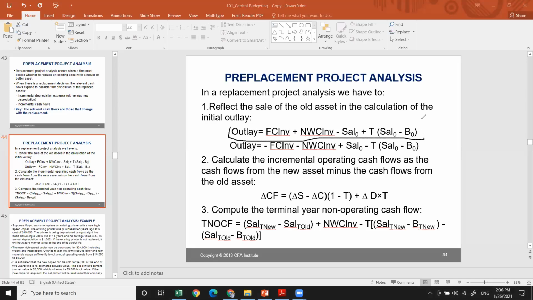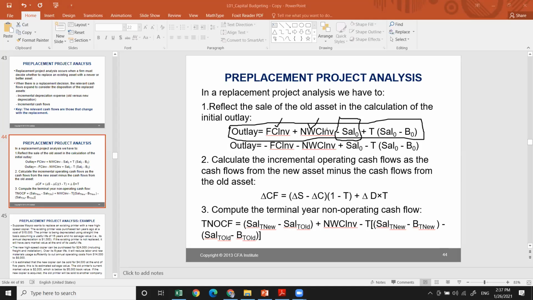how much money you spend to establish a certain project, like how much money you need to replace existing old equipment with a new one, it is fixed capital investment plus change in net working capital investment, plus the subtraction. Why is it a subtraction? Why do we need to subtract something from the investment cost? It is called the sale of the old equipment.